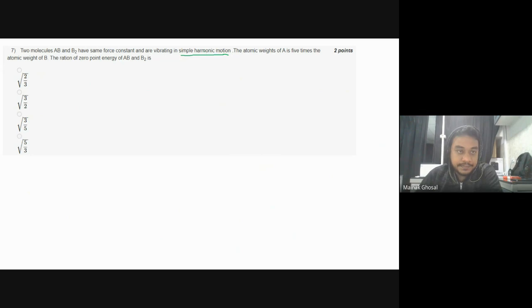Two molecules are there, AB and B2. They also say that the atomic weight of A is 5 times the atomic weight of B. So we have to find the ratio of the zero point energies of AB and B2.